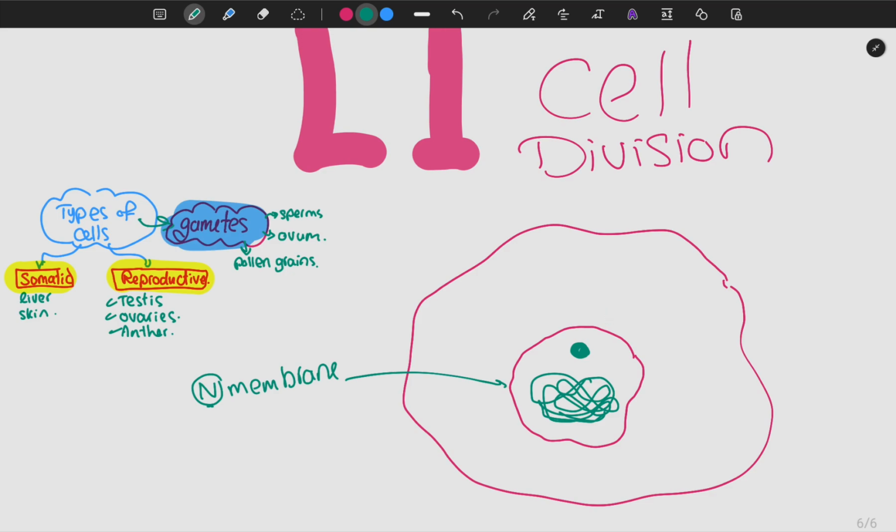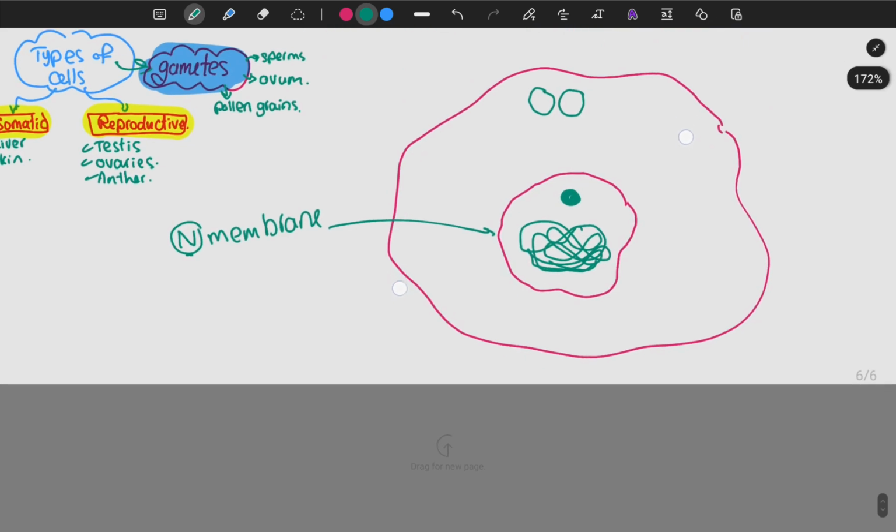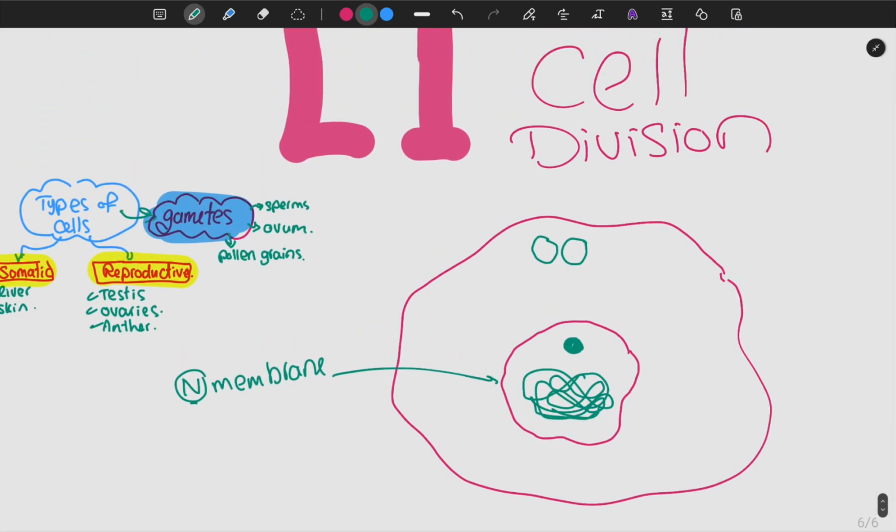Outside the nucleus we have two balls called centrosomes, inside the cell. Easy. So these are the components of the cell which we need. Of course, there are many other components inside the cell, but these are the ones we need in our lesson. First, the cell membrane and nucleus membrane, and inside the nucleus we have the nucleolus and the chromatid reticulum.